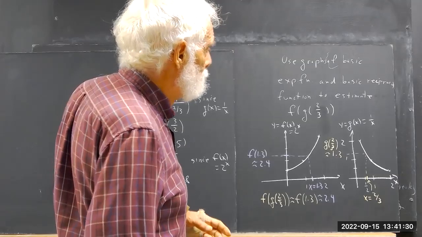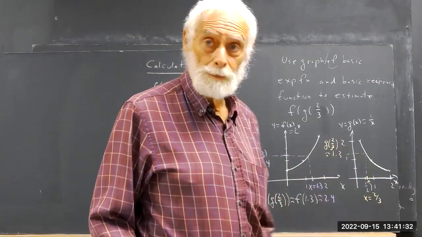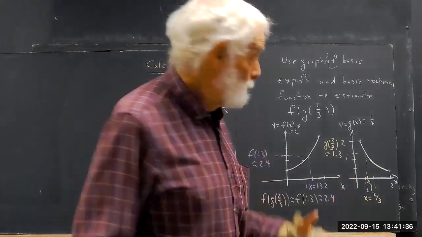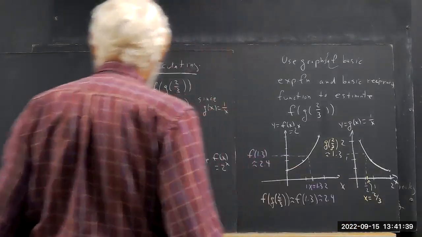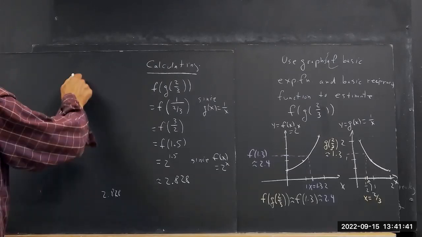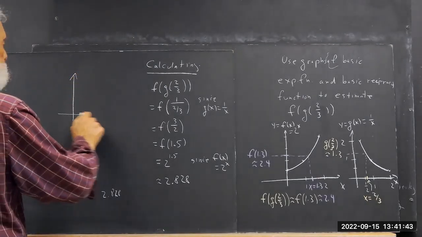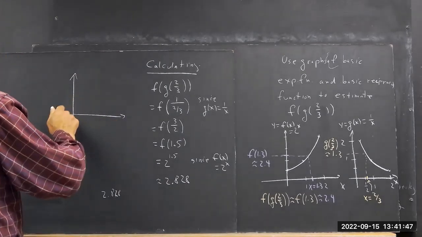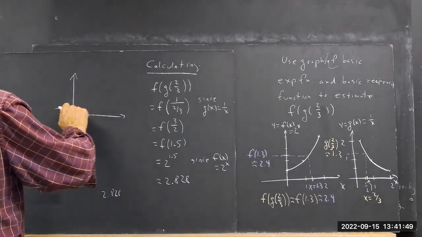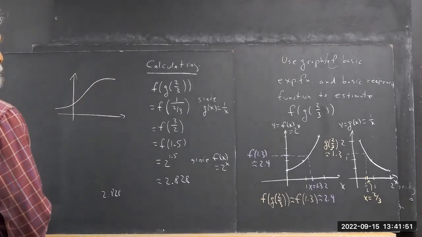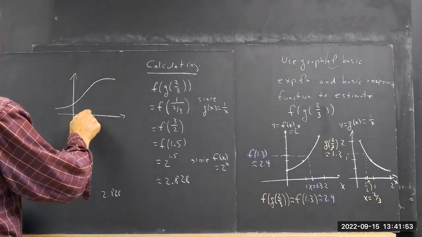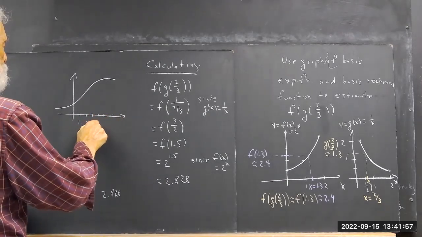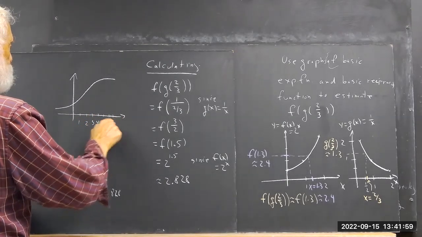Now we could go further. If we have a graphable function that we don't know how to calculate, just a graph, we can make a table. We could take this function here. That should be a little more horizontal. Let's say that's 1, 2, 3, 4, 5, 6, 7.